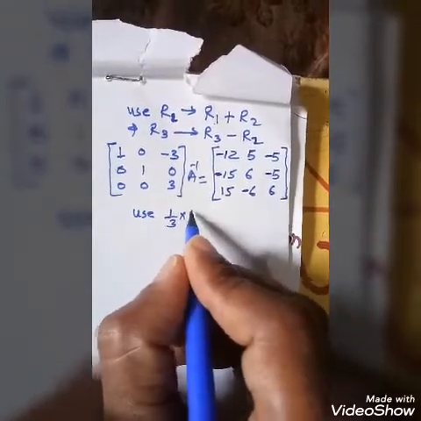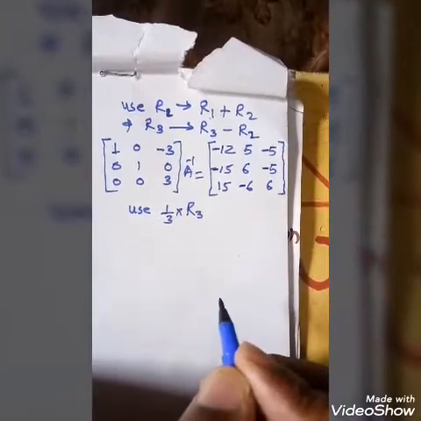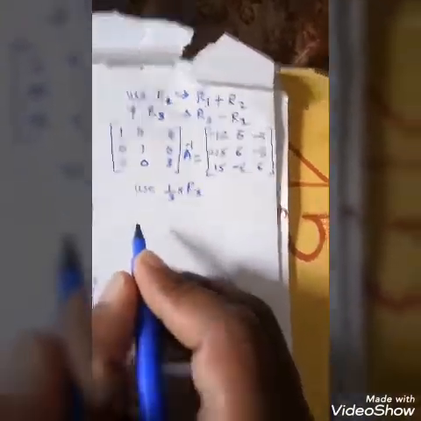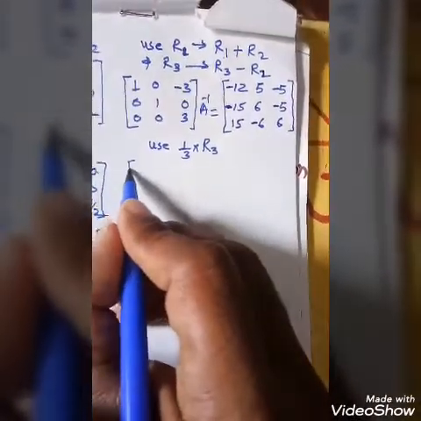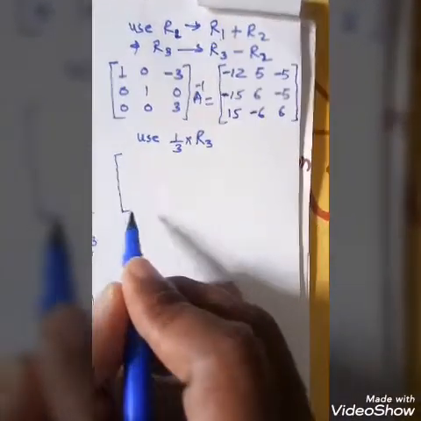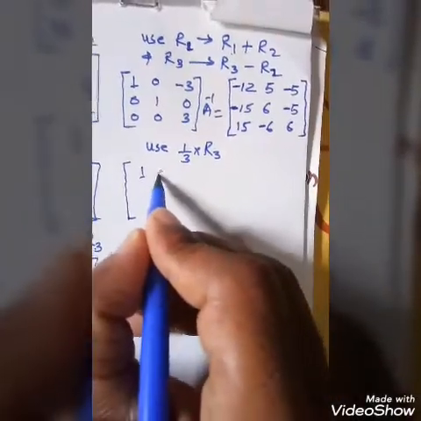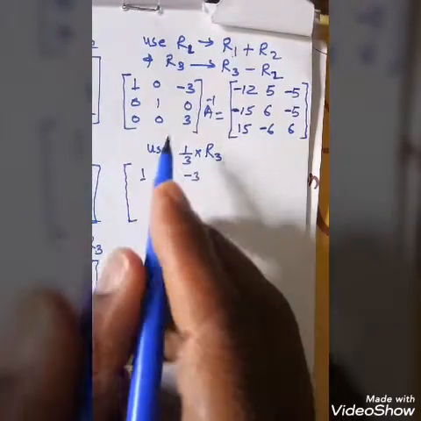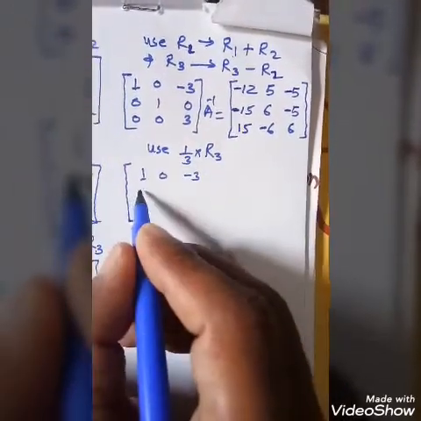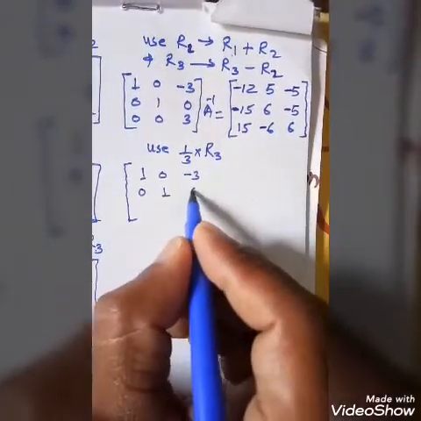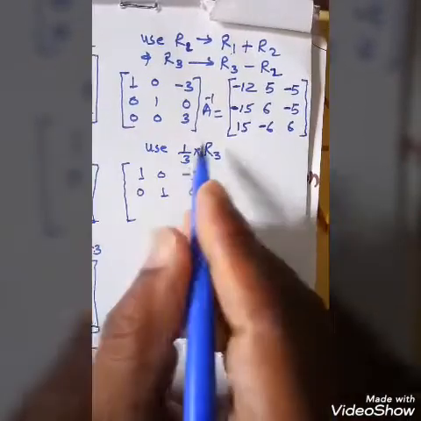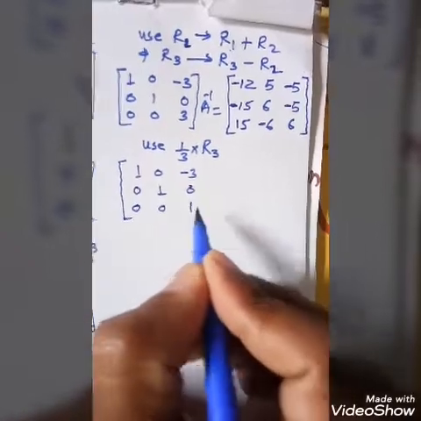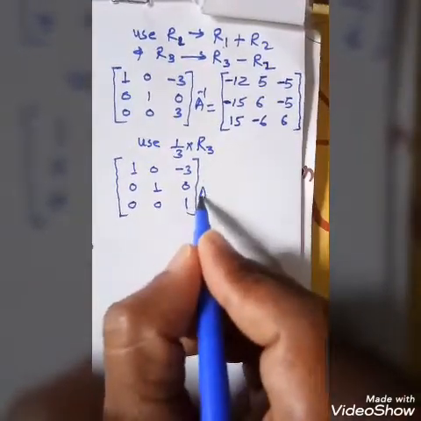K into Ri, meaning the row whose element we want to change, we multiply it by its reciprocal: 1/3 into R3. See, first row as it is: 1 0 minus 3. Second row again as it is: 0 1 0, and third row divided by 3: 0 upon 3 is 0, and 3 upon 3 is 1.